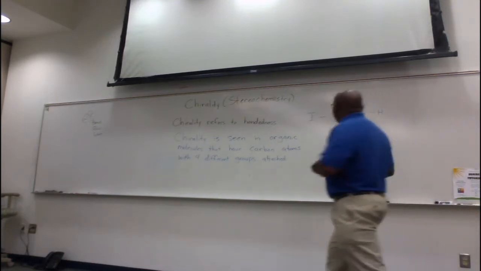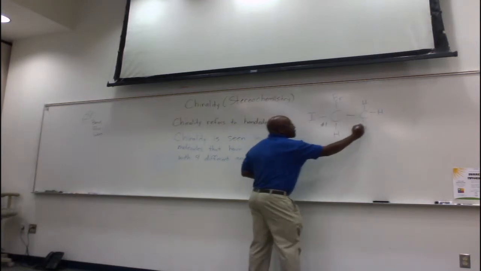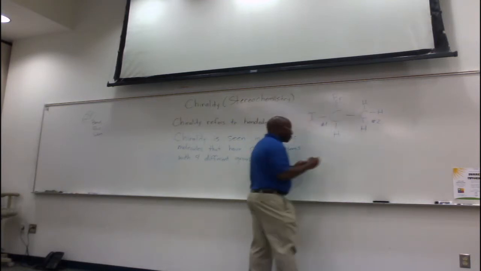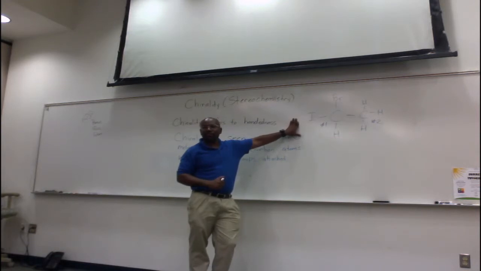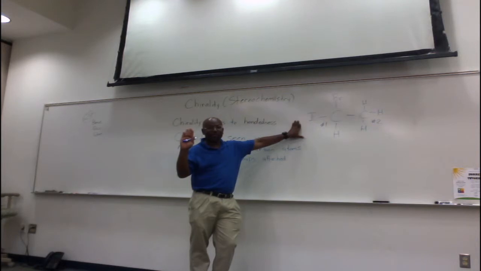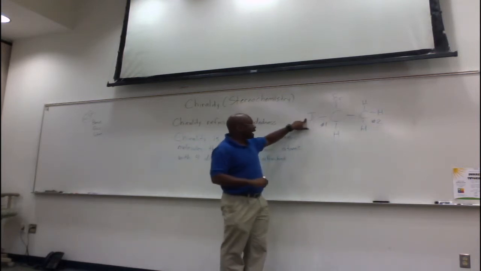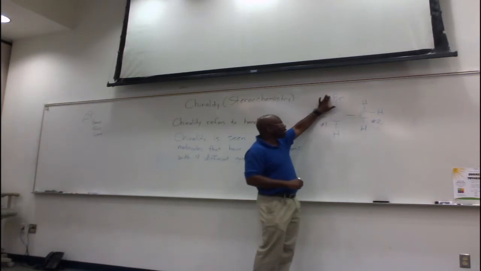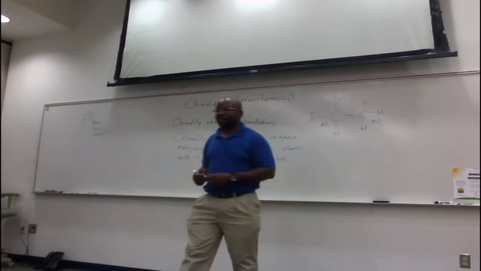How many different groups are attached to carbon 1? How many bonds does carbon 1 form? 4. So I see I have 4 groups. We've got an H, an I, a Br, and what's the 4th thing attached to the carbon atom? A carbon.